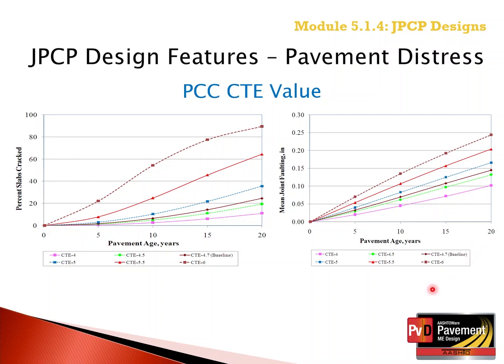So it would potentially be cost effective to import aggregates with lower CTE values to reduce percent cracked slabs. It would probably not be cost effective to bring in aggregates simply to reduce mean joint faulting.